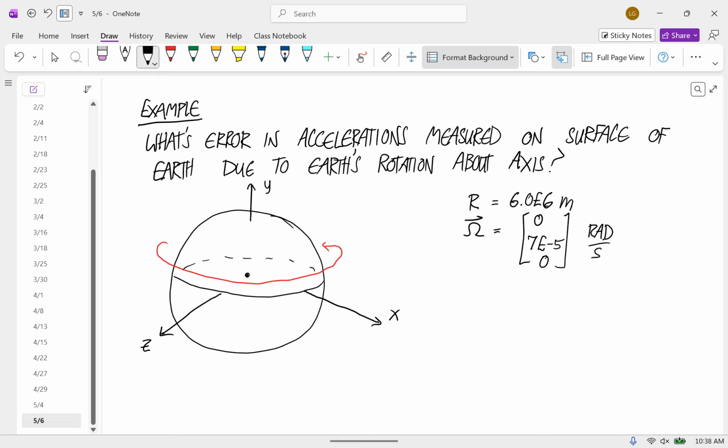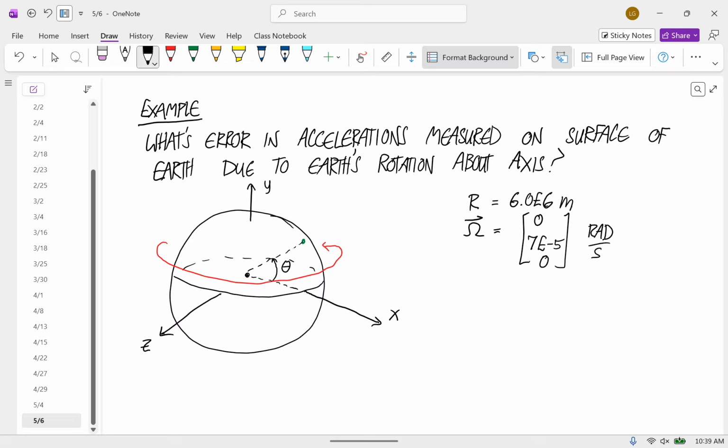And then for our point P, if this is the point P, all I care about is the angle between these. So this is my angle theta. Well, we know what the radius is because we're always on the surface of the Earth.